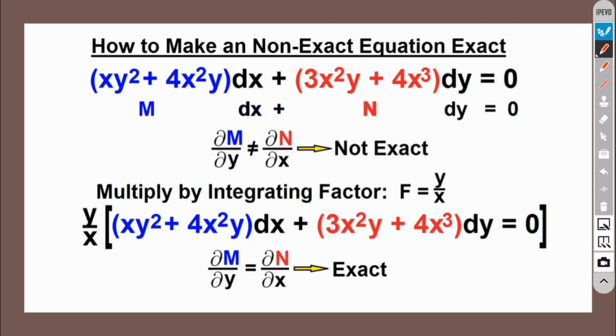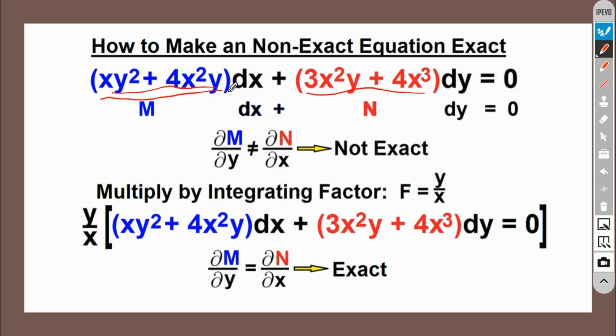So in this example, xy square plus 4x square y into dx plus 3x square y plus 4x cube into dy is equal to 0. Of course this is M and this is N. If we take the partial derivative of M with respect to y, it will be 2xy plus 4x square.